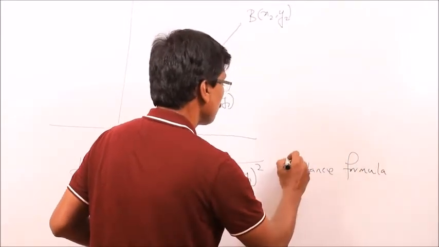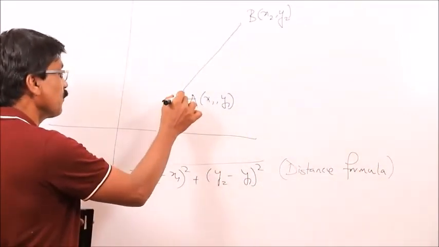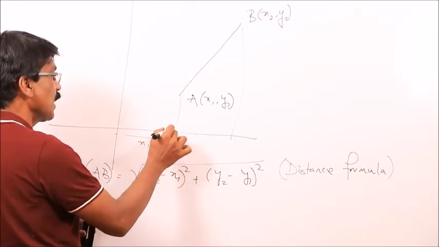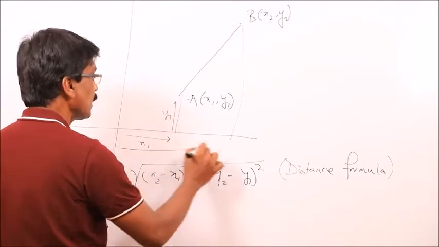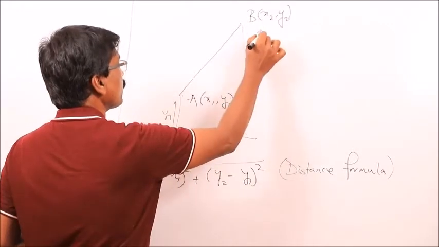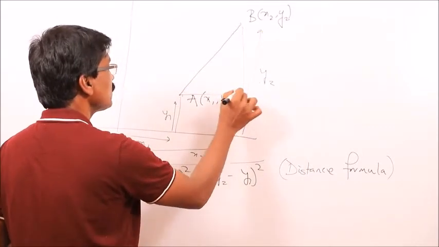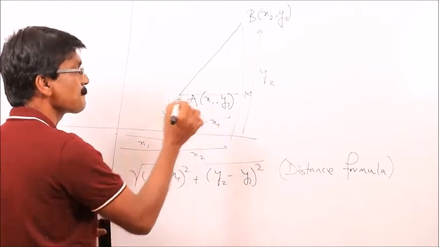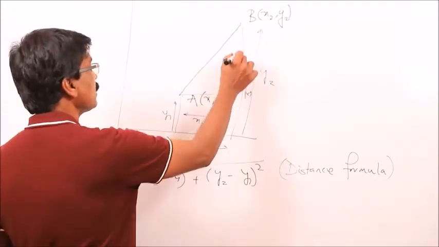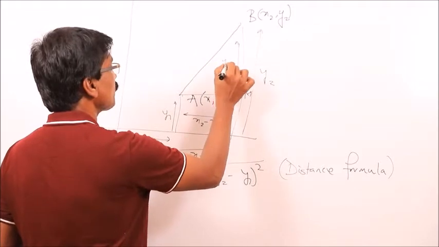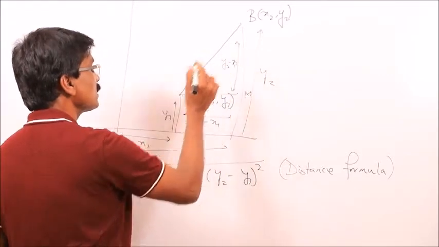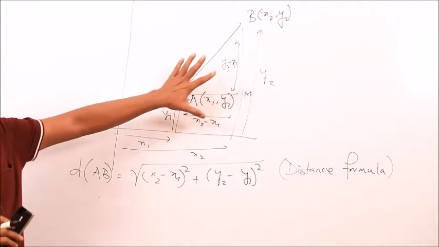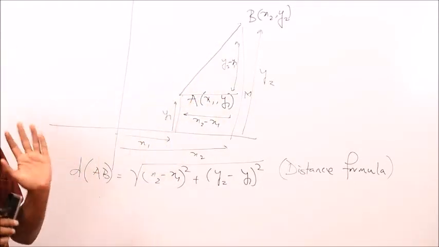It can be easily verified with the help of algebra. Suppose AM is x2 minus x1 and BM is y2 minus y1. Obviously this is a right angle triangle, so AB is the square root of AM square plus BM square.